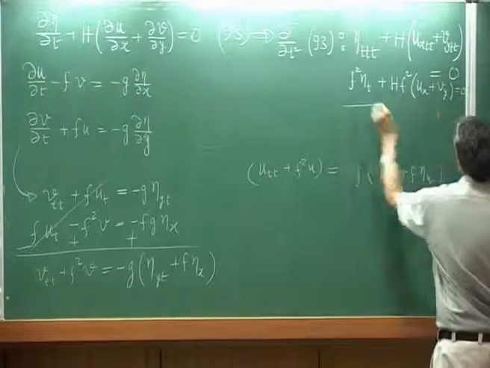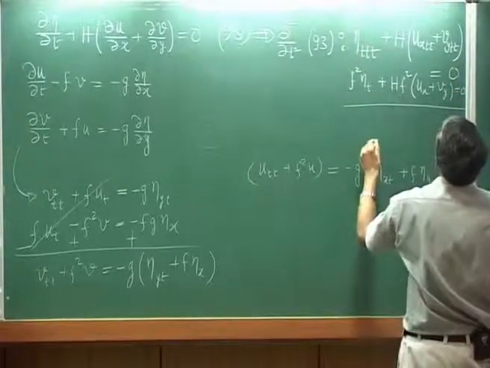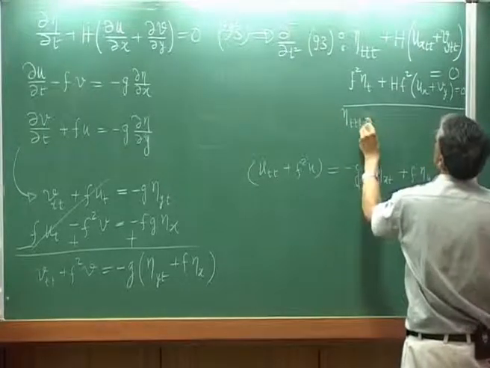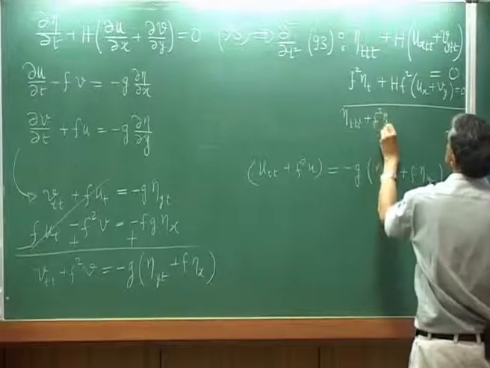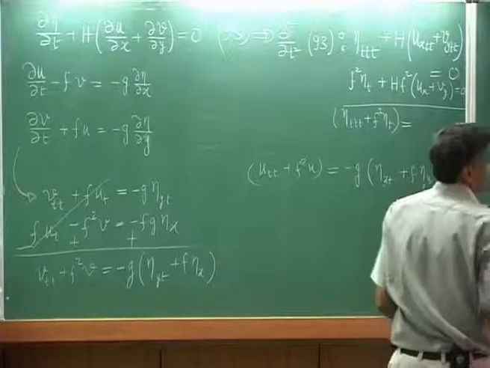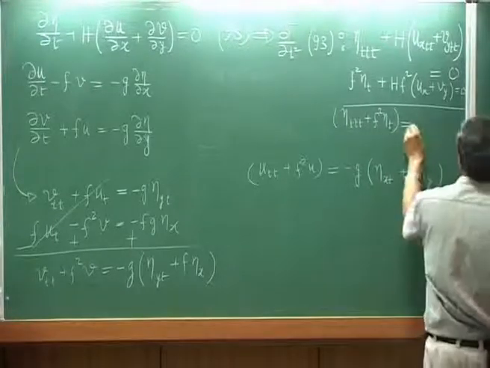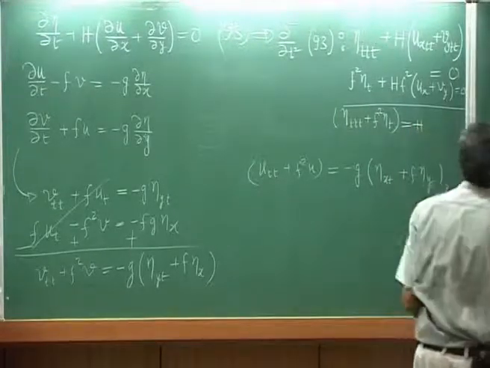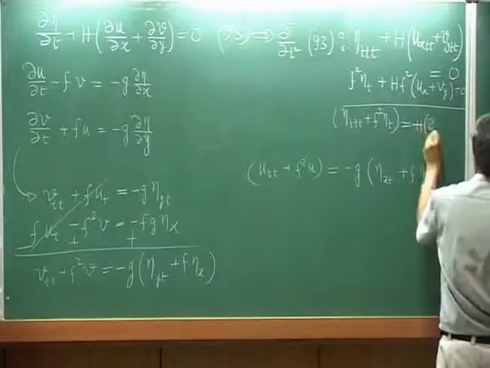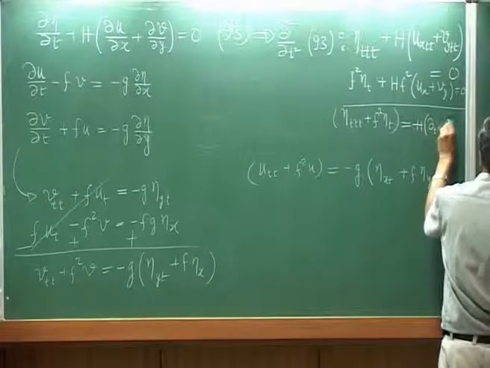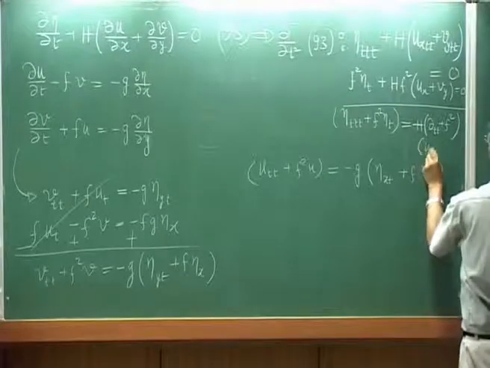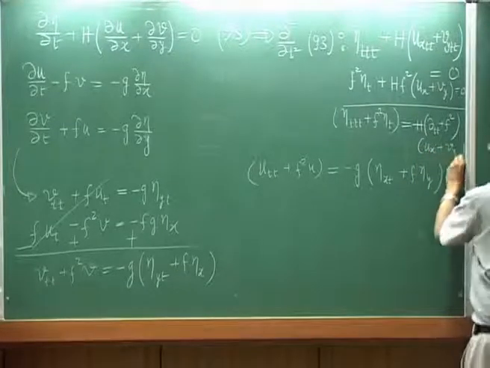If we add that, we are going to get eta, and post all the terms on the right hand side, that will give us minus h, and these 4 terms we can club together, and they give us this operator operating on u x plus v y.